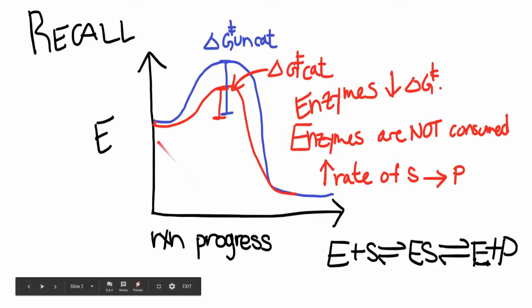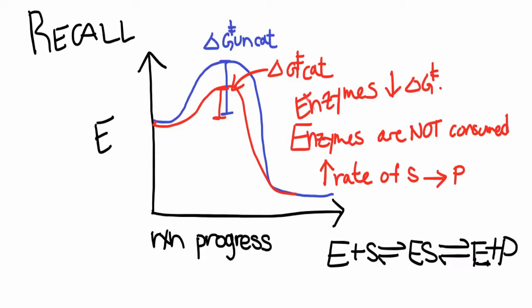So here we have a graph of free energy plotted against reaction progress on the x-axis. We're looking at these curves here. The blue curve that I've drawn is supposed to symbolize the uncatalyzed reaction. So the delta G double dagger, the activation energy, is the energy at this transition state compared to the starting energy state.